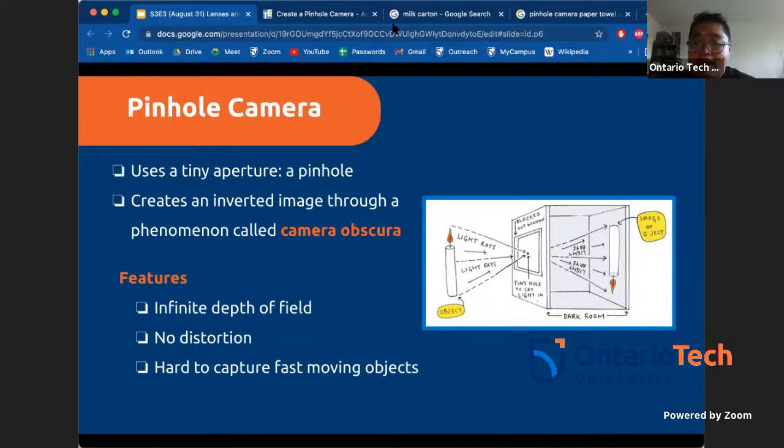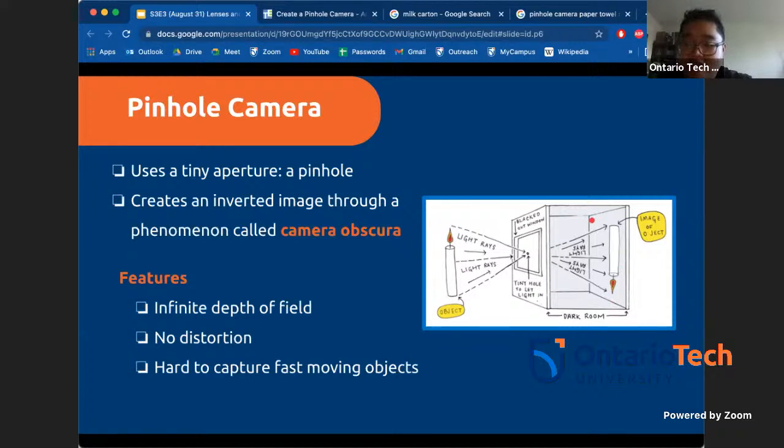In a pinhole camera, the image that you get is inverted. This is a phenomenon called camera obscura. It occurs because of the properties of light rays as they travel in straight lines, so it will project your image, but in the opposite direction.